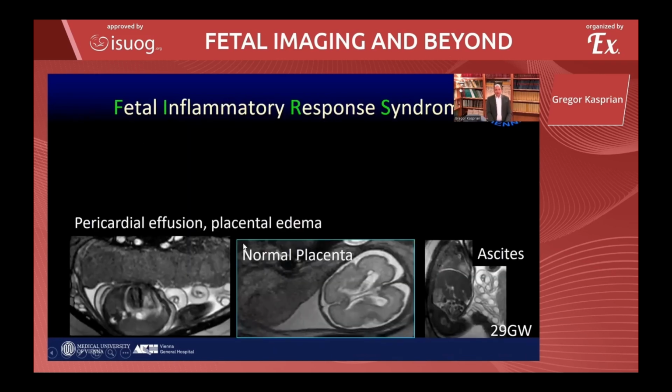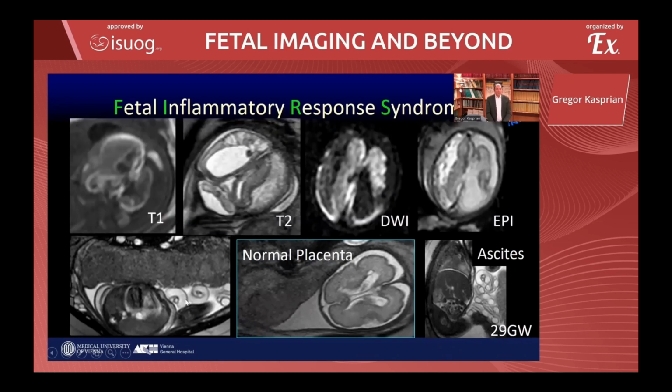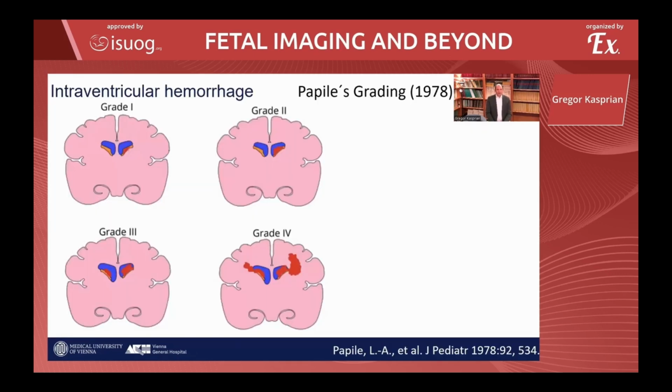These changes in the brain, or also in the placenta, also leading to ascites, pleural effusion, and pericardial effusions, can, in a worst case scenario, also cause brain inflammation, propensity to hemorrhage, and extensive intracranial hemorrhages, as in this very dramatic case, dying right after birth.